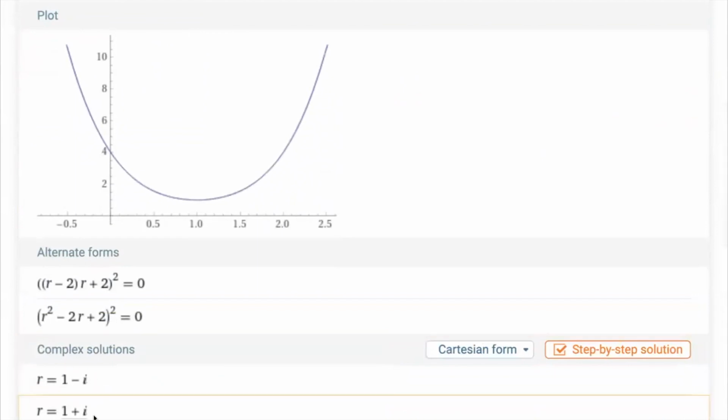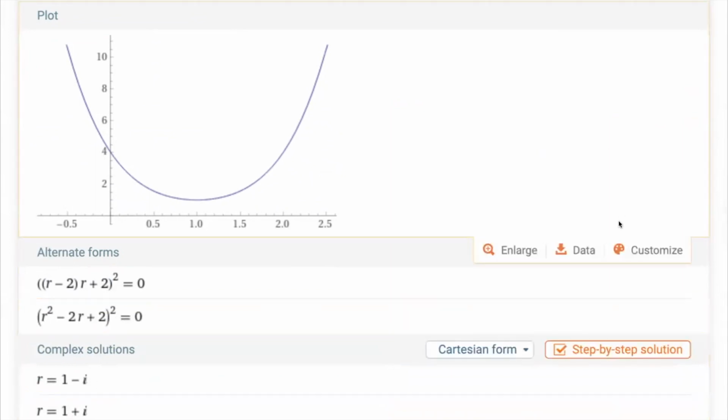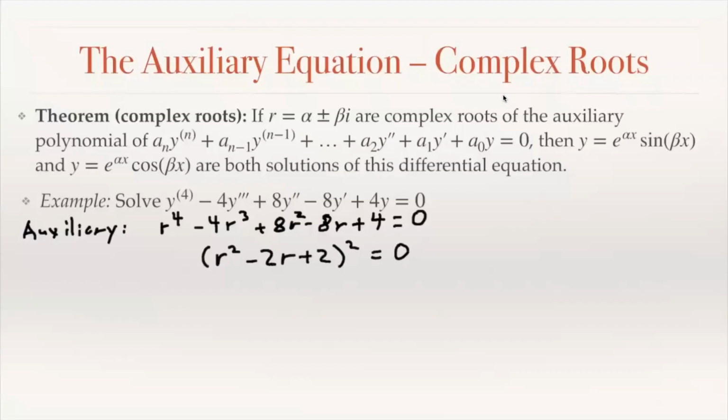So if you look at the complex roots here, you might think, okay, it just has those 2 roots. But no, each of these has multiplicity 2 because it's squared. Let's go back to the slide and illustrate what we mean. So if one factors that, one ends up with this, said Wolfram Alpha, and as one can verify by foiling this out.